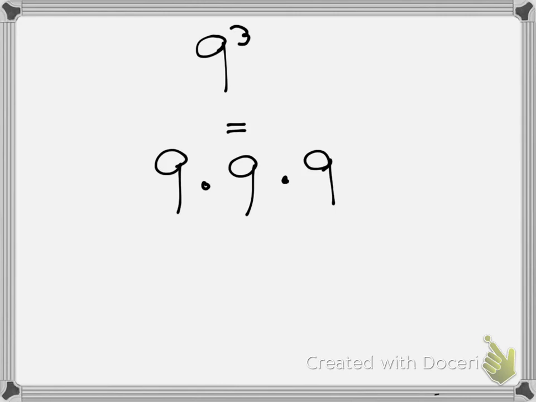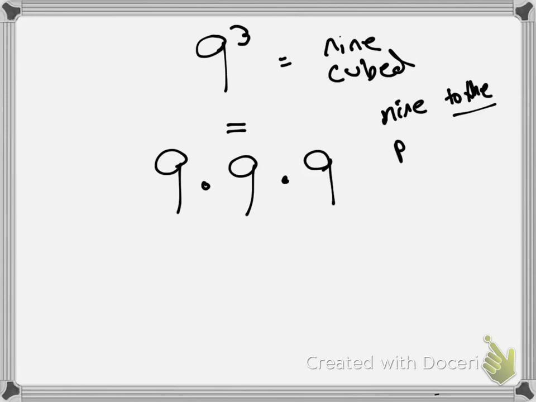So this is called 9 cubed, or, as I could say, 9 to the power of 3, and those are the words we would always use.